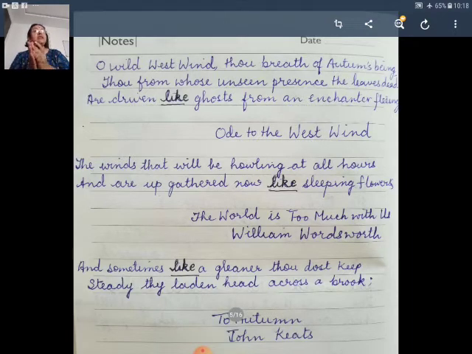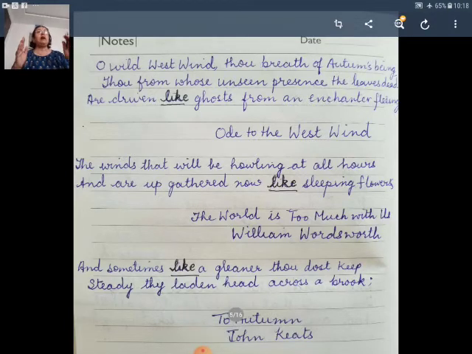Can you see, students? Can you hear? The leaves dead are driven like ghosts from an enchanter fleeing. So the dead leaves are compared to ghosts, driven like ghosts by a magician. Enchanter fleeing means a magician makes them drive away.